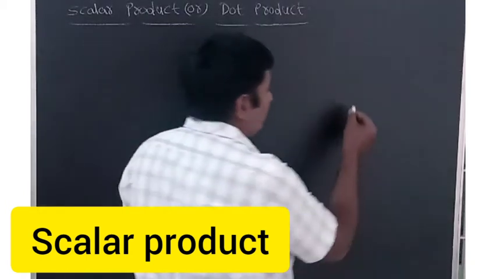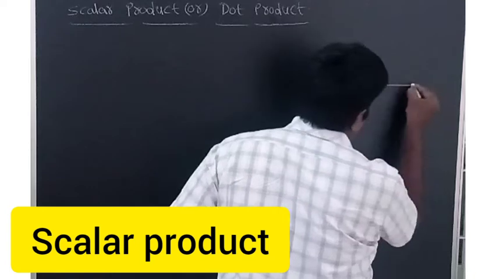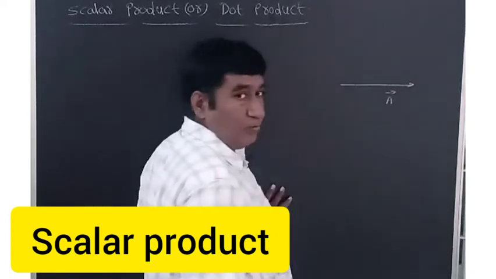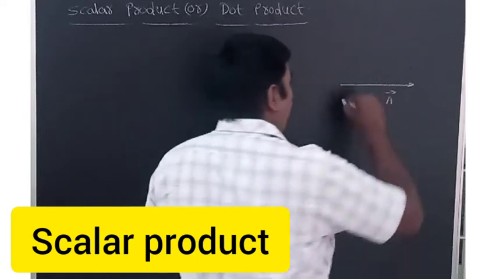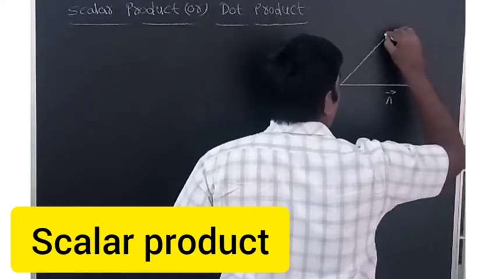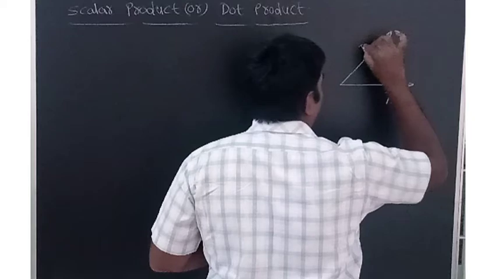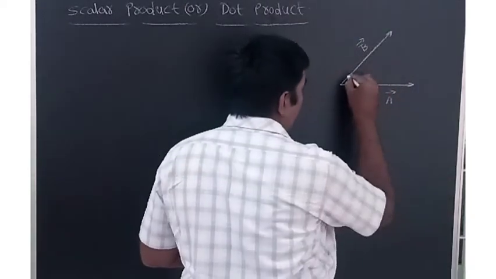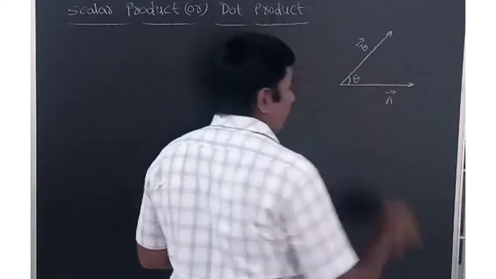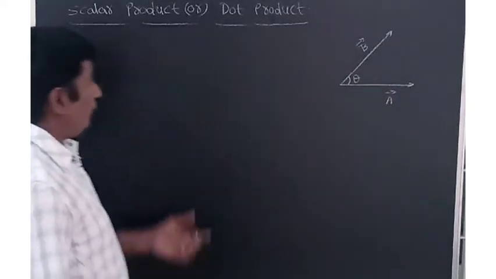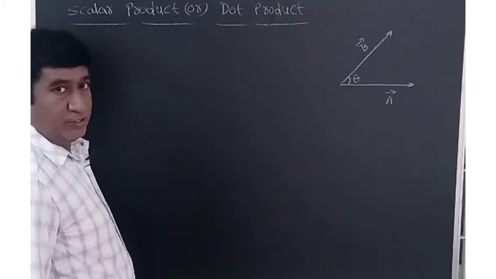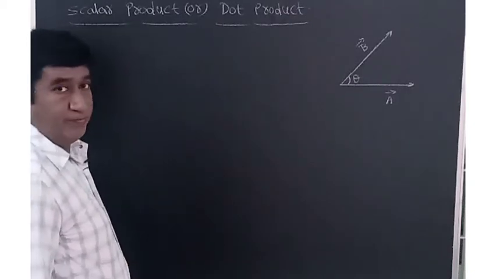Here I am assuming two vectors. One vector is denoted by A vector, which has both magnitude and direction, and another vector, B vector. In between these two there is an angle theta. If you have to multiply these two vectors, how can we do this?